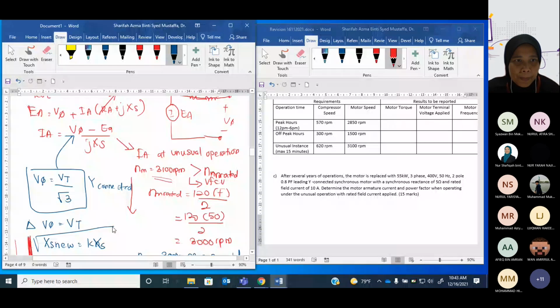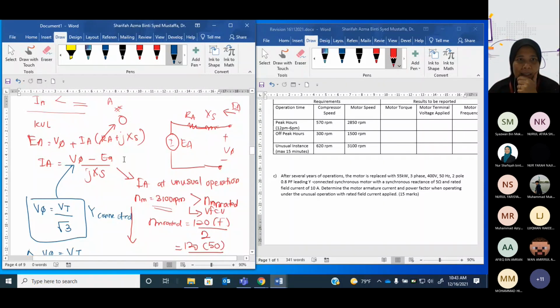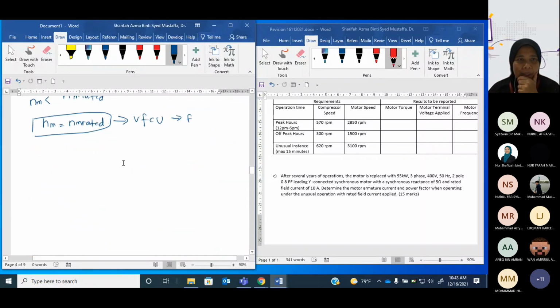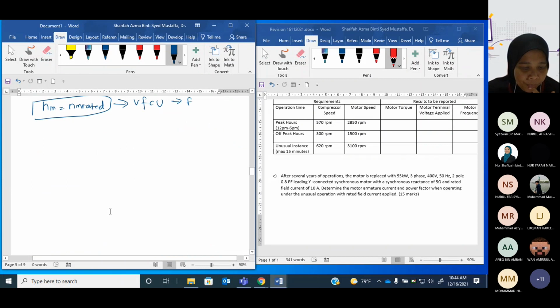Okay, now, how to calculate your EA pula? Ini kita nak calculate EA at new condition, right? How to calculate your EA? Kalau nak calculate EA new, macam mana? EA new will be equal to, this only the magnitude.